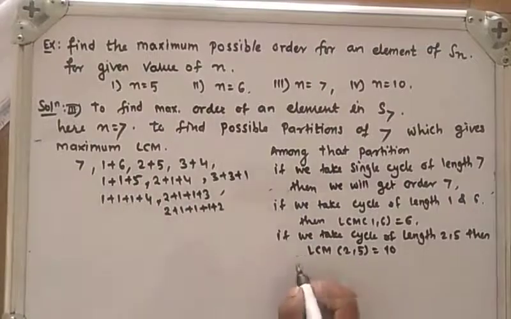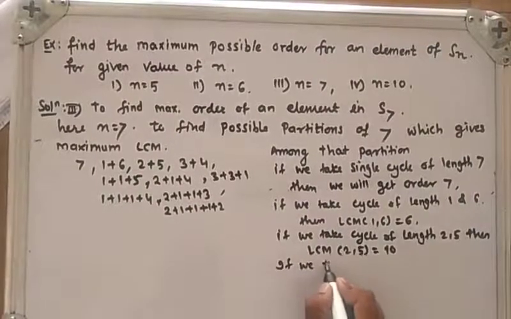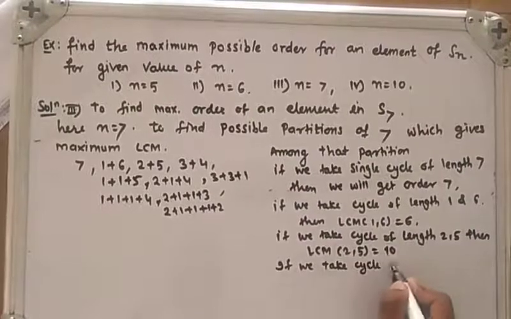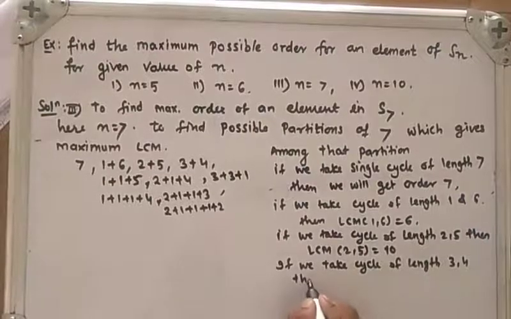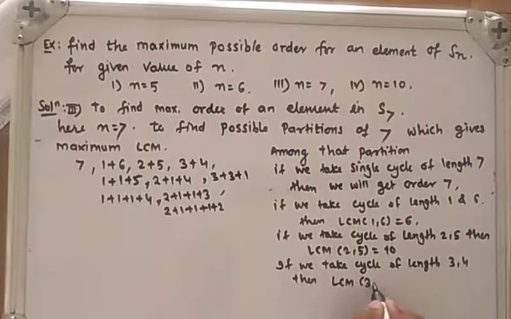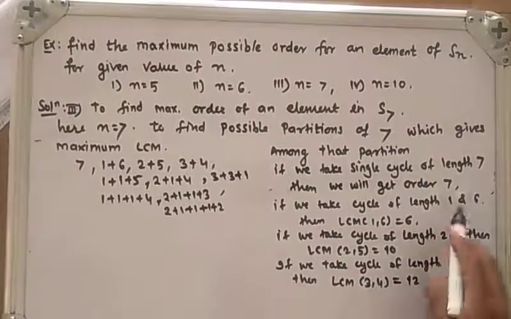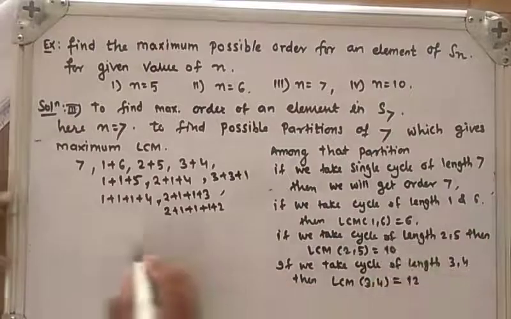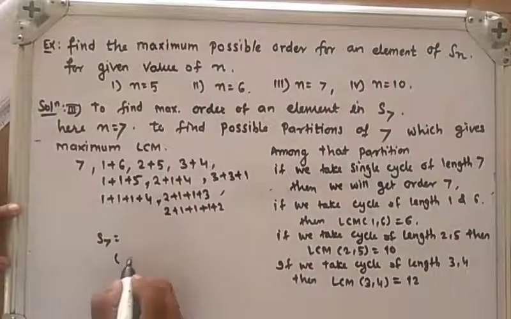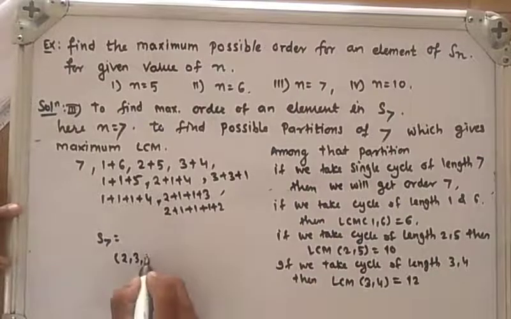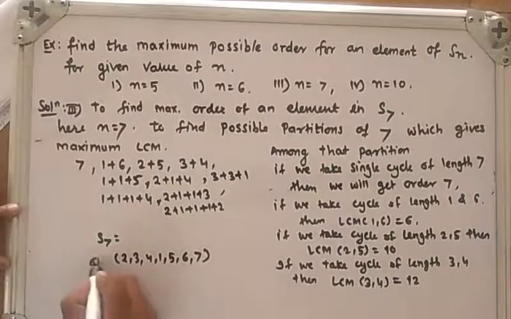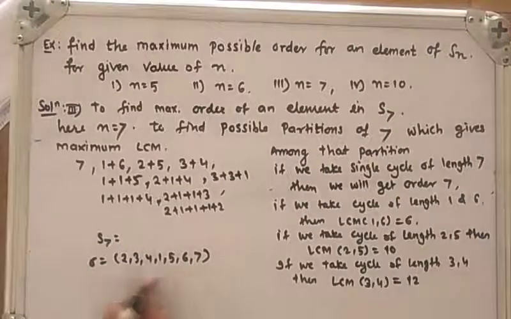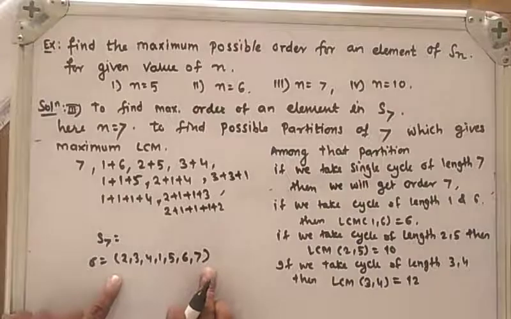And if we take cycles of length 3 and 4, then the LCM of 3 and 4 will be 12. So in S7 if I take a single cycle, suppose 2 goes to 3, 3 goes to 4, 4 goes to 1, 1 goes to 5, 5 goes to 6, 6 goes to 7, which is a single cycle of total 7 elements, it gives order 7.